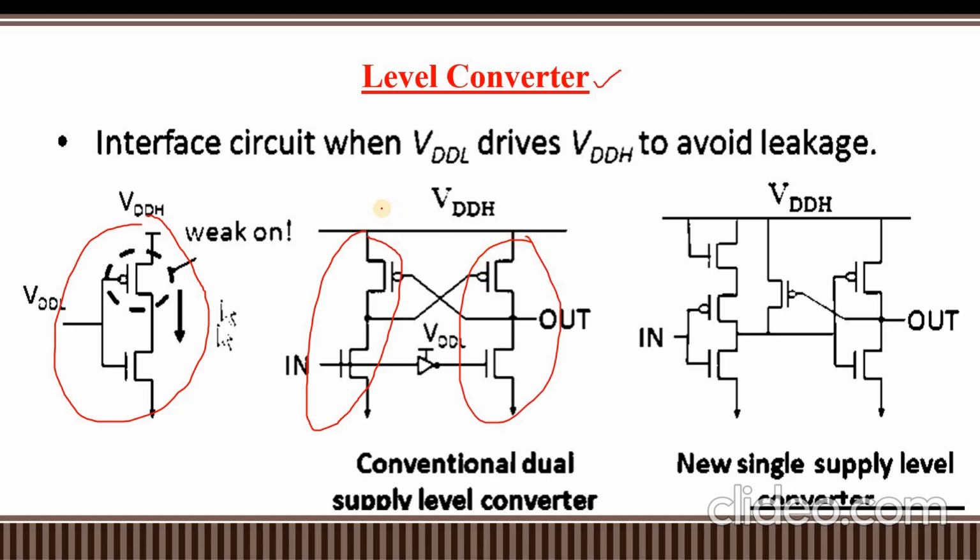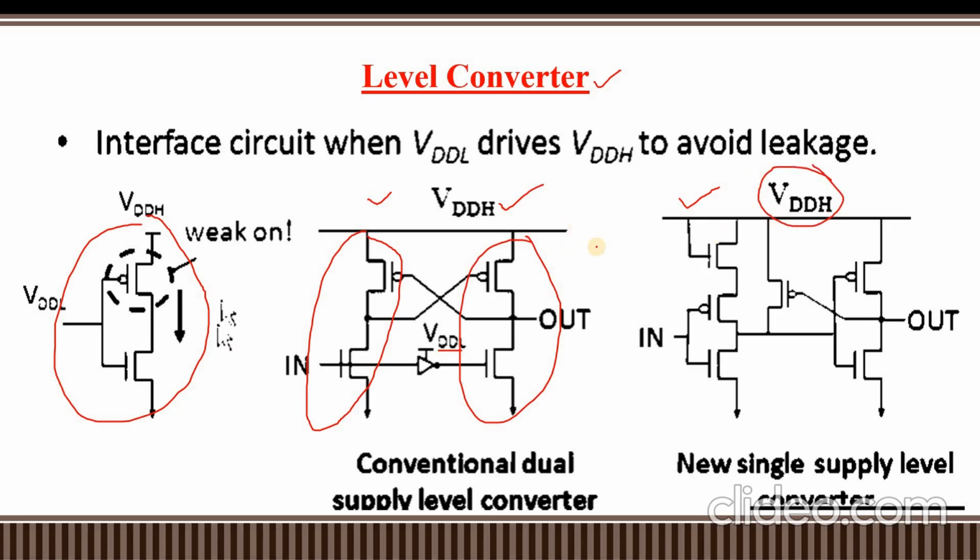Alright. So the first one is a low to high level converter. The second is a high to low level converter. The low to high level converter introduces more delay because it has two supplies. See here, VDD high and VDD low. Whereas a high to low level converter consists of only one supply, that is VDD high.